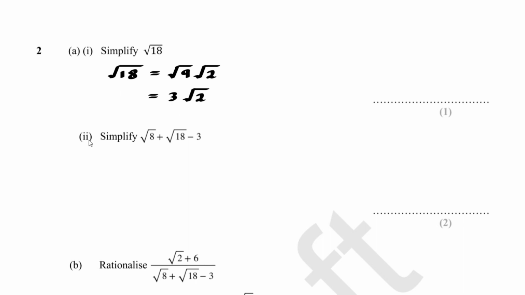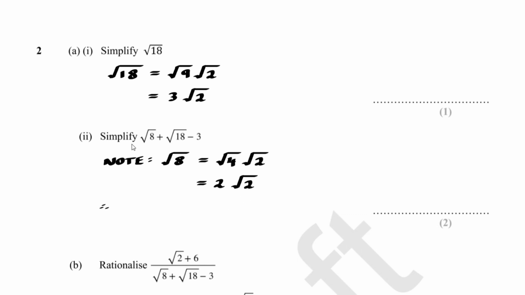For the second part of part A, we have to simplify root 8 plus root 18 subtract 3. Let's deal with this root 8. Root 8 we can rewrite as root 4 multiplied by root 2. Root 4 is the same as 2, and we multiply this by root 2, and therefore root 8 is equal to 2 root 2.